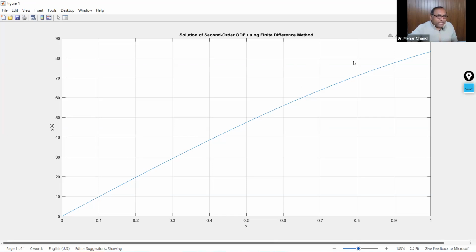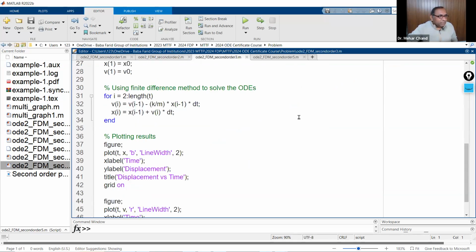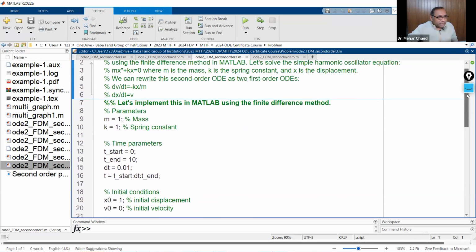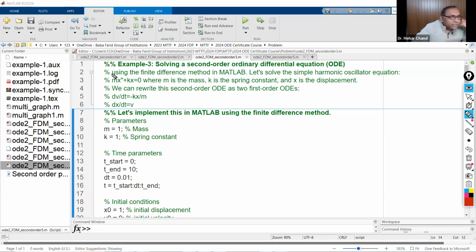You can easily apply this to an ODE. This is one more example. In this example we are given the differential equation d2x upon dt square is equal to minus k upon m x, where m is the mass, k is the spring constant, and x is the displacement.